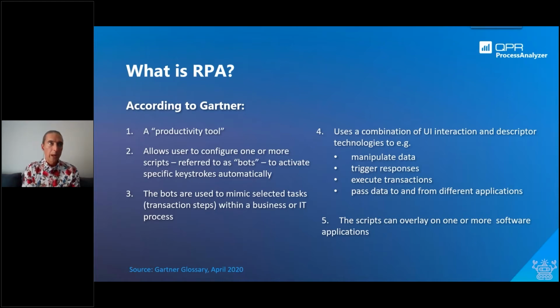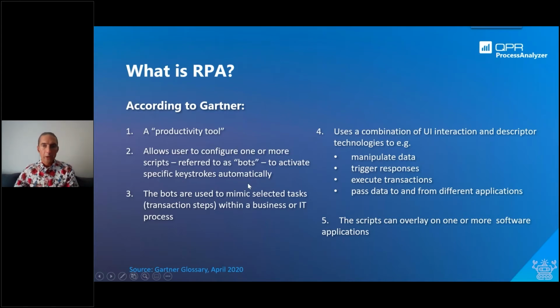And now, of course, if you have 50 people working on the same tasks, then the bots can replace them and do the manual tasks on their behalf, if the tasks really can be automated. So if there is enough logic and understanding that the computer is able to do those tasks.